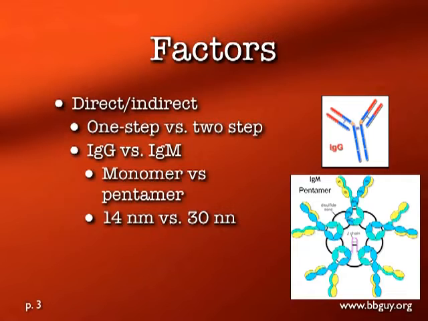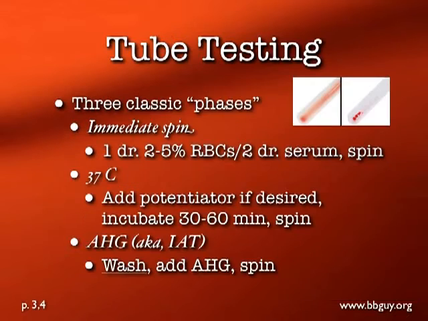Obviously, 10 binding sites versus 2 binding sites for the IgG. So it's much more common for direct agglutination to occur as a result of IgM interaction. IgG, on the other hand, tends to do indirect, basically coating the red cells, but not necessarily agglutinating. And you end up needing another test, such as an indirect antiglobulin test that we'll talk about in just a moment, to determine that the red cells have been coated by the antibody.